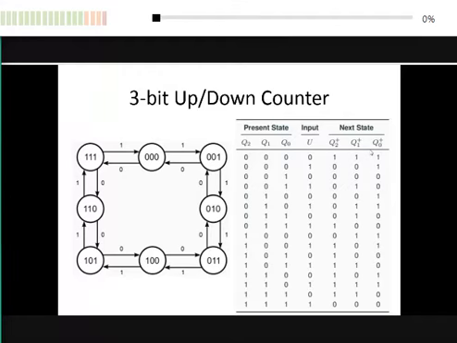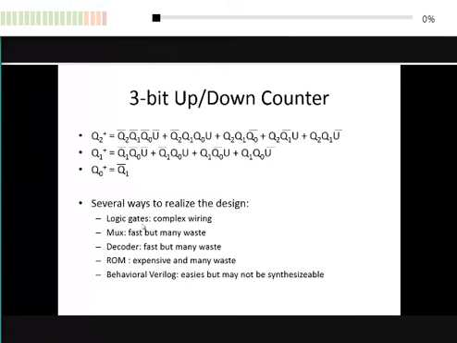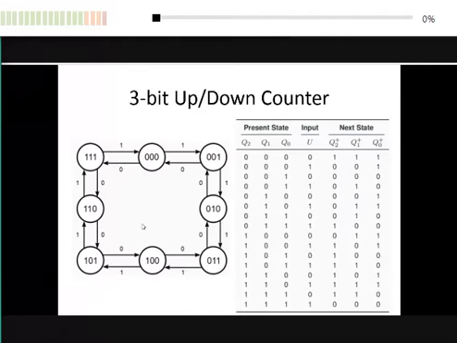Okay, so if you look at the list there, we can implement this using logic gates, which is complicated. If you look there at the top. Second way, of course, like I told you just now, use JK or T flip-flop. Second method, you can use multiplexer. This one is interesting. It's a very fast development cycle. Why? Because from this state table, you can straight away use the multiplexer.